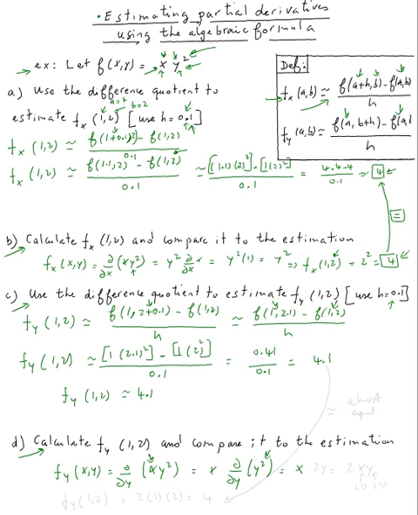So it's x, and then the derivative will be just 2y, which is 2xy. Now fy of 1, 2, plug the 1 here, the 2 there. So it's 2 times 1 times 2, which is also 4.